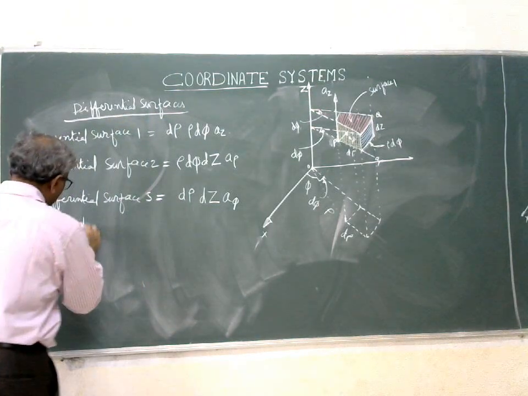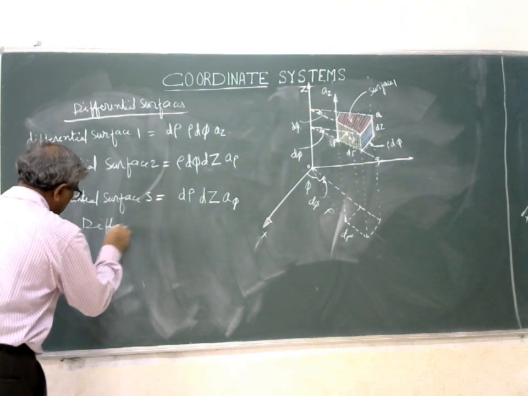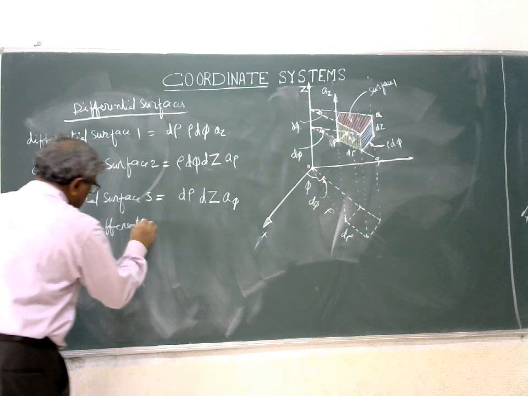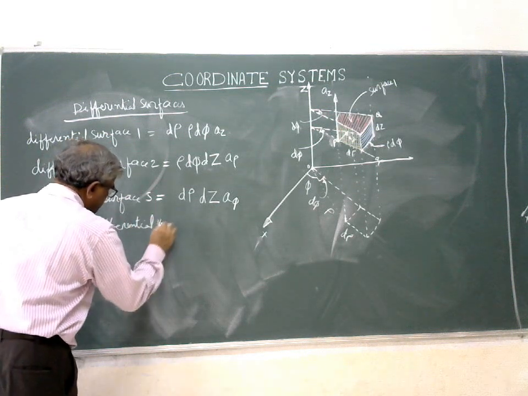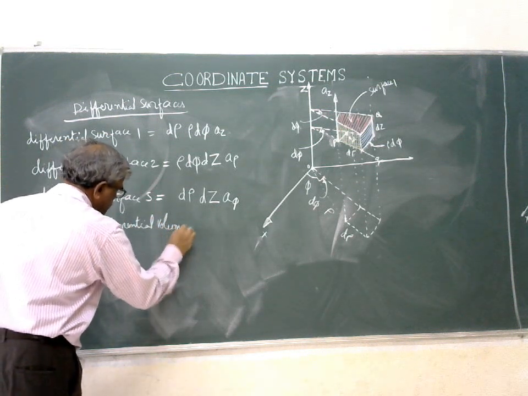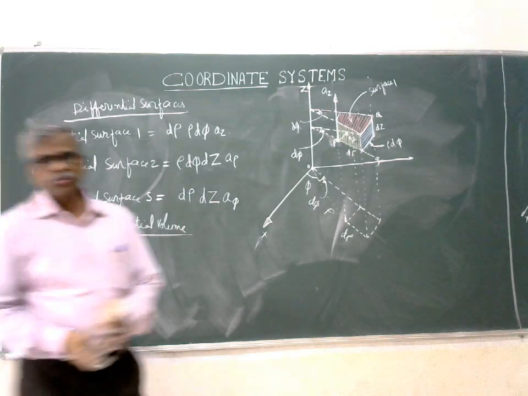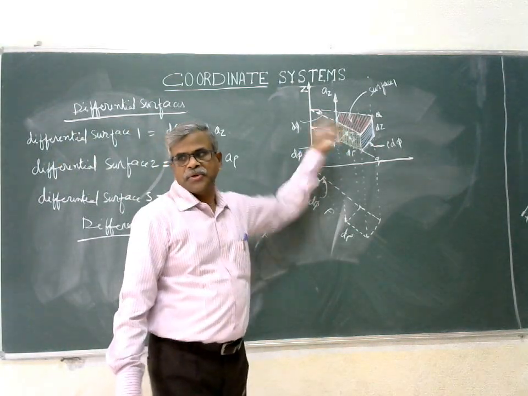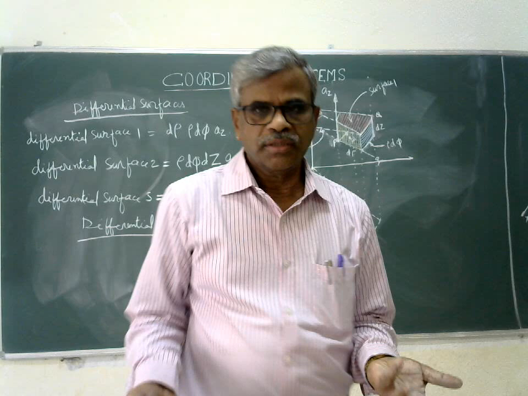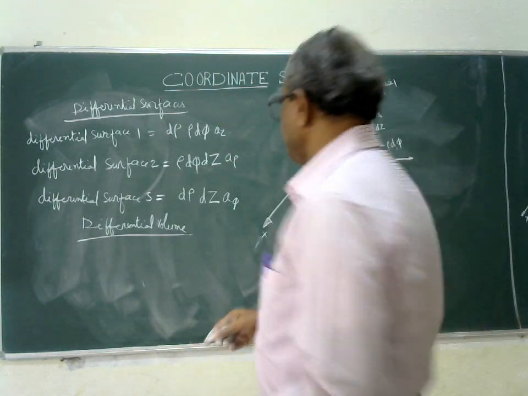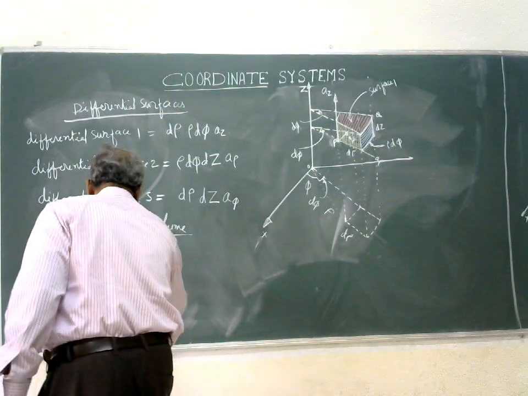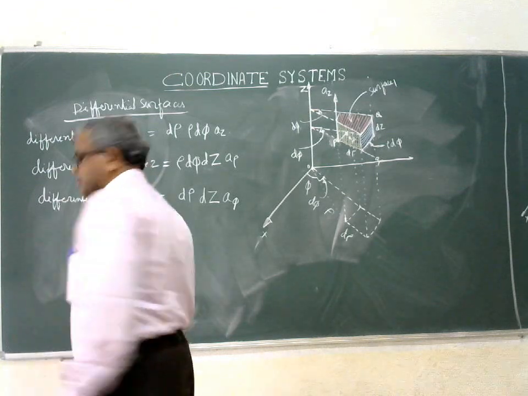Next, differential volume. The differential volume of this tube: you multiply the three distances. dV is equal to, what are the three distances?